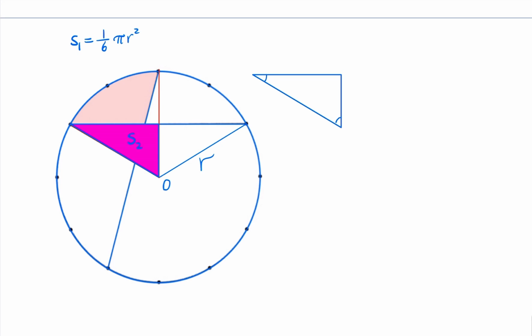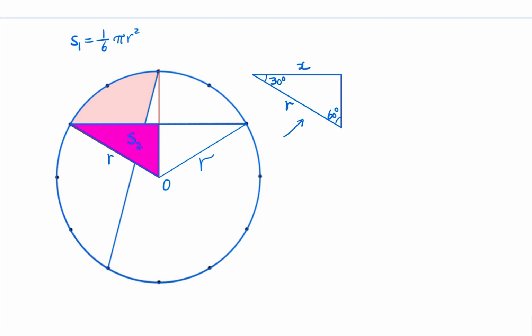For S2, we try to find the area of this triangle, and here we know this is R. This angle would be 30 degrees, and this would be 60 degrees.